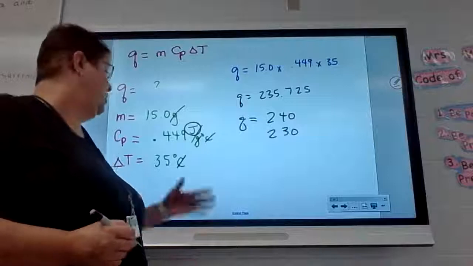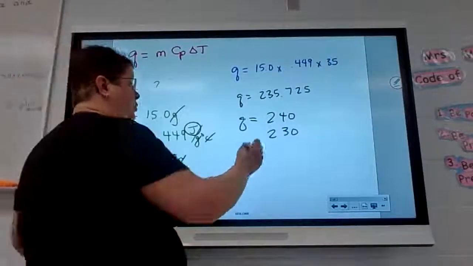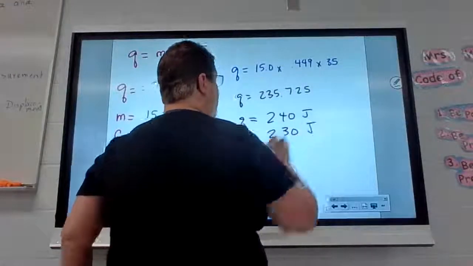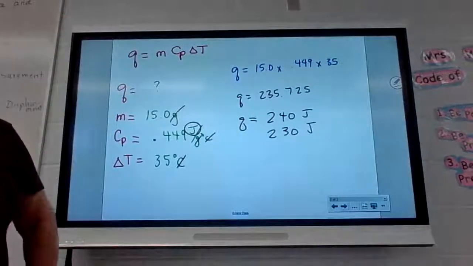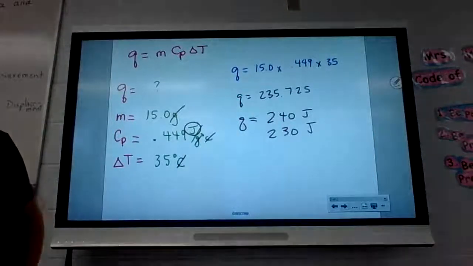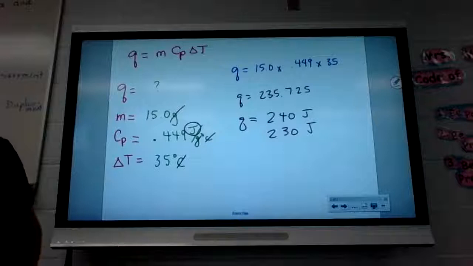And what unit did we just say we were going to put on it? Joules. Questions? On future quizzes where you have to calculate, if you don't round to significant digits, it's like units. It's a -1.